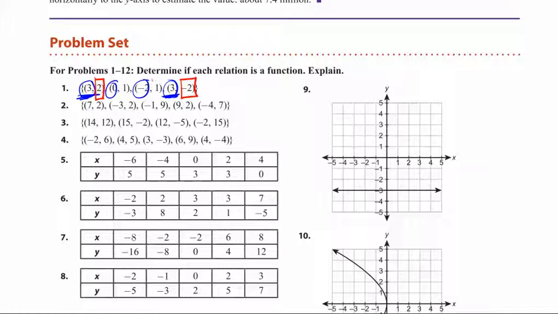Most likely it will be a function, unless for the same input, 3, I'm getting different outputs. As you can see, I have 3 as an input and 2 as an output in the first pair, and in the second one I have 3 as an input and -2 as an output. This is not a function.